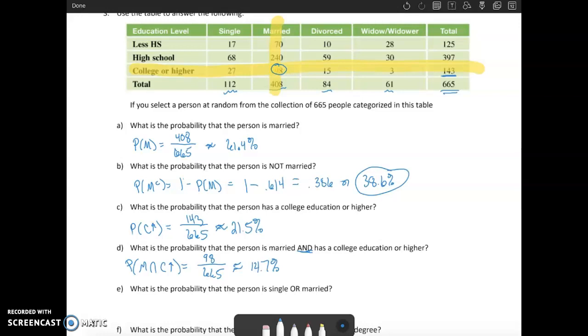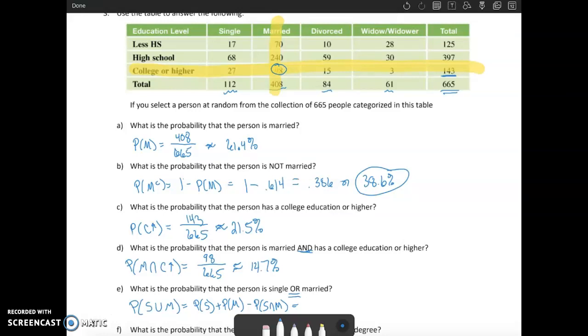What's the probability that the person is single or married? So the probability of being single union married. We know from our probability rule before that we need to use an addition rule here. We take the probability of being single plus the probability of being married. And the question is, is there anything to overlap from this formula? Can you be single and married at the same time?